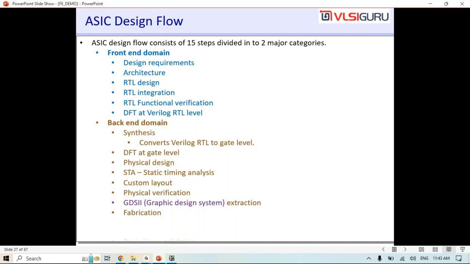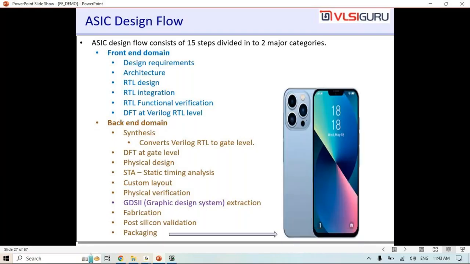After fabrication, post-silicon validation. Whatever you have fabricated, you have to check whether there is any problem in the chip that is fabricated. Finally, once you have verified that the chip is working fine, each chip, you go for packaging. Once you are done with packaging, you get this.